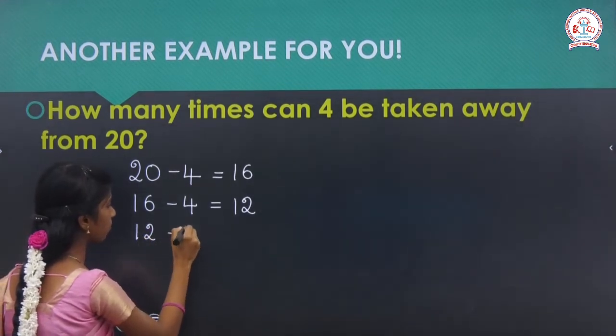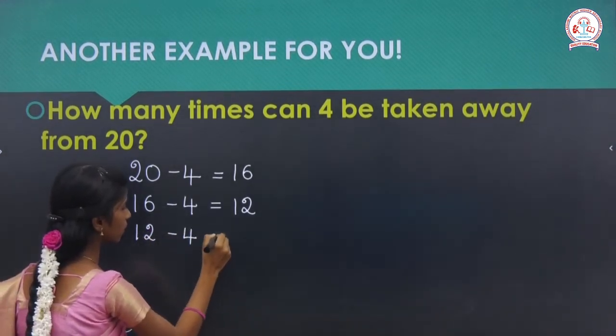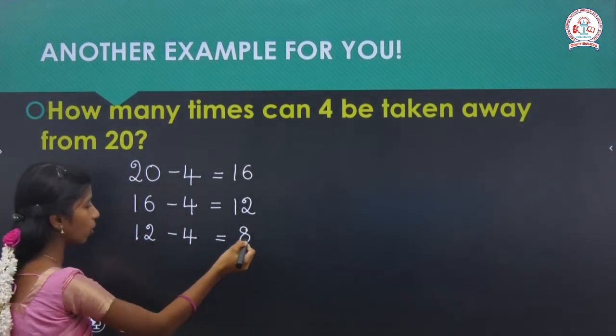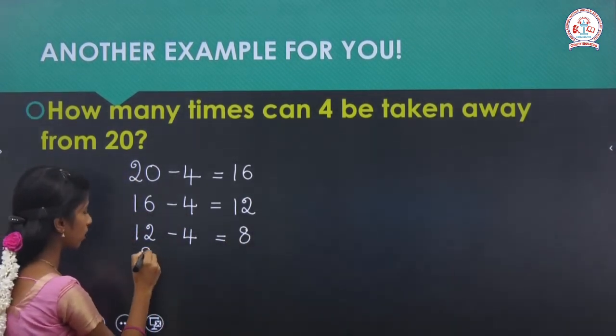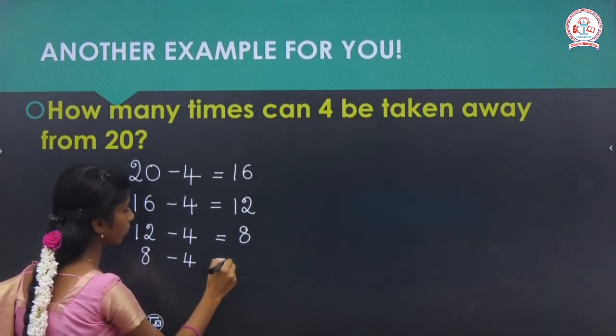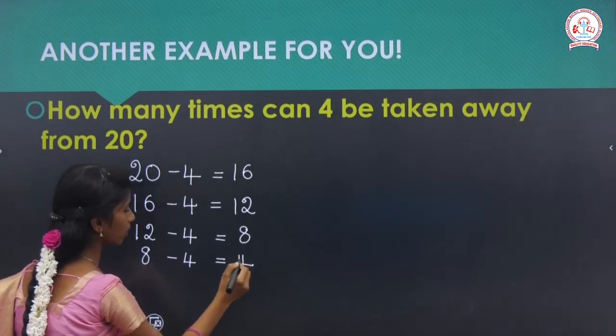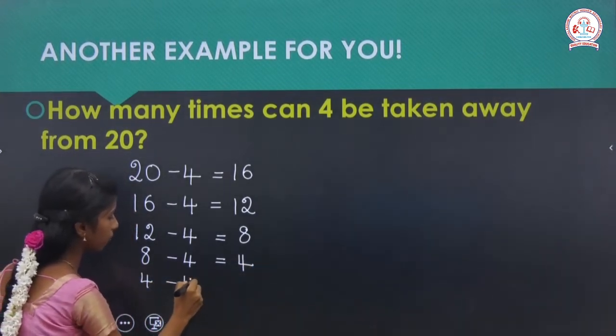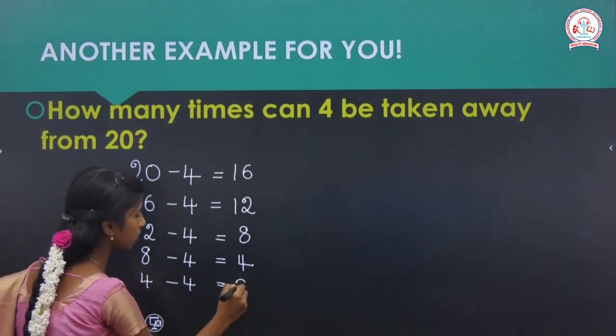12 minus 4 is 8. We got 8 here. So 8 minus 4 is equal to 4 and 4 minus 4 equal to 0.